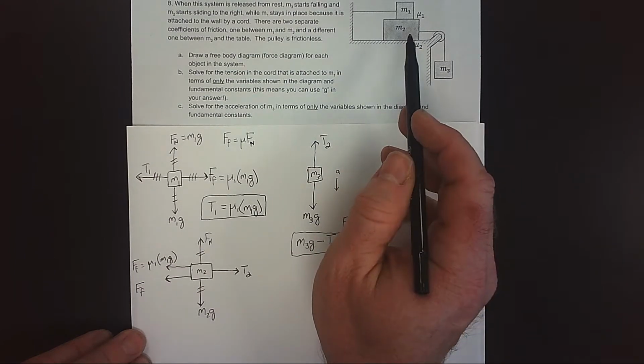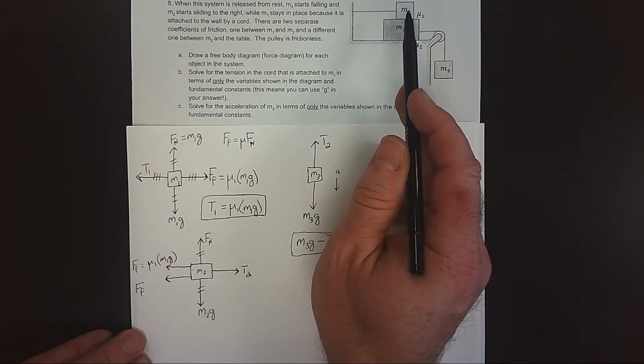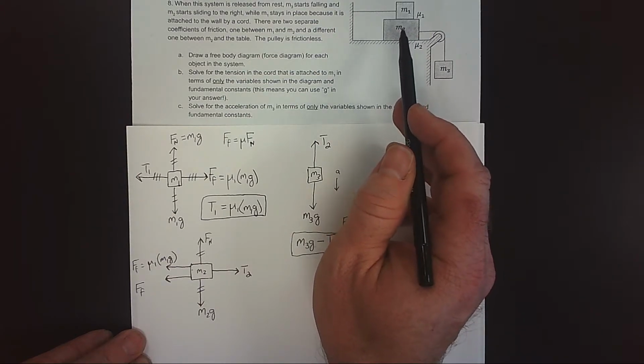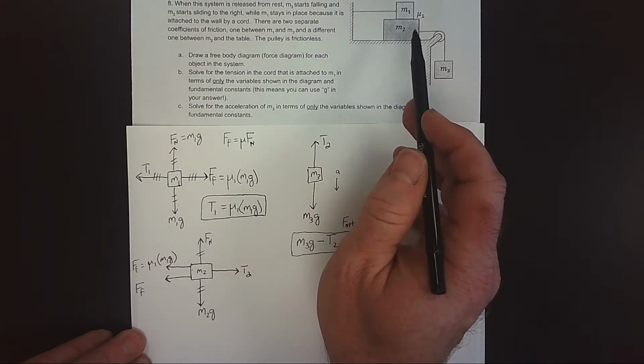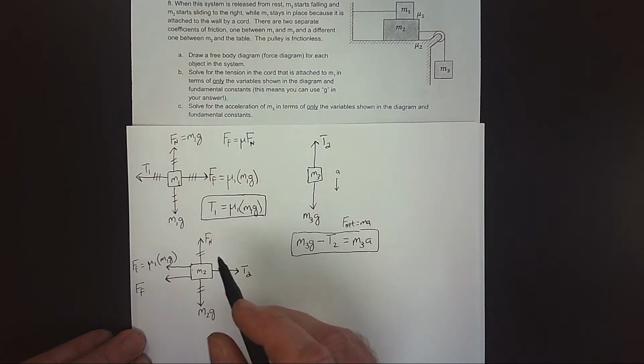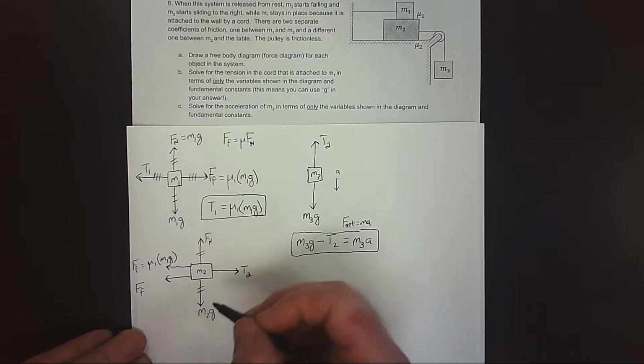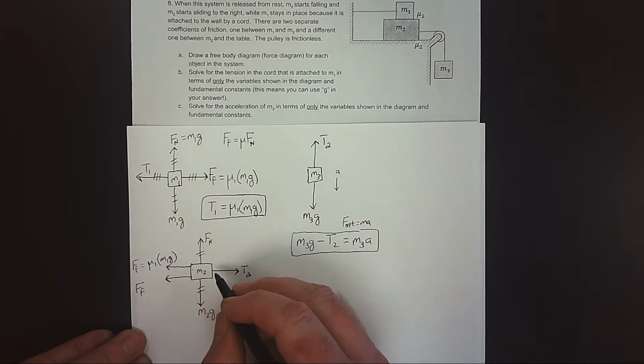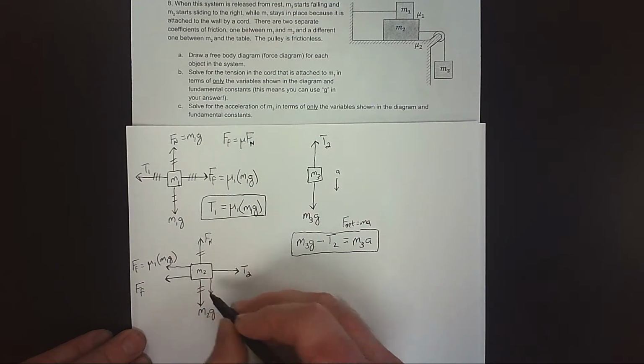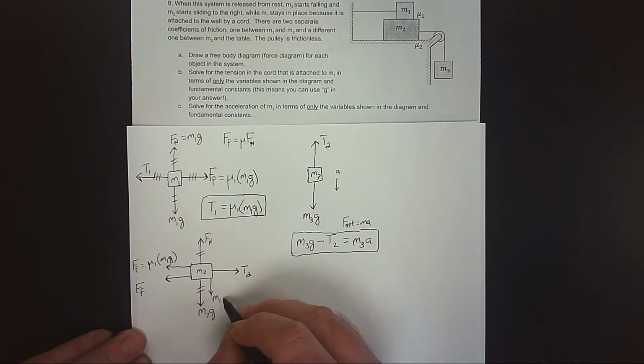But we've got to be careful because M1 is sitting on top of it. If M1 and M2 are sitting on top of each other, then we're going to get that additional push downward from M1. So I guess we'd add that to the force diagram, right? Isn't the force of M1g also pushing down on M2?